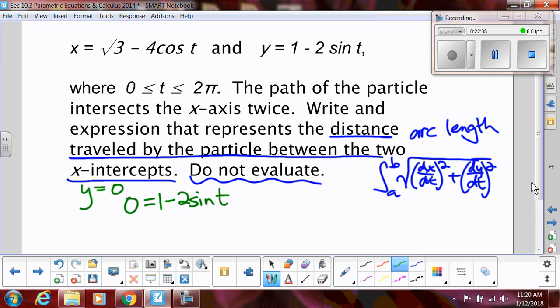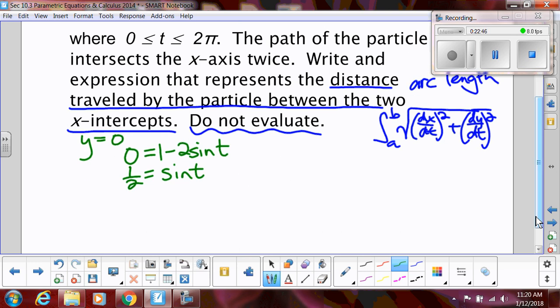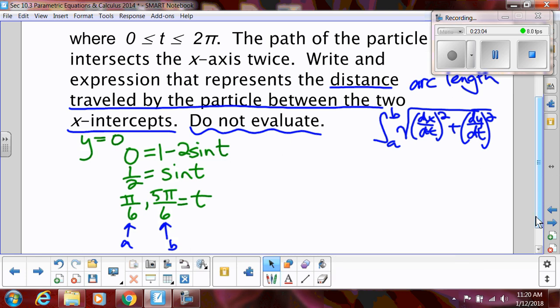All right, so if we solve that, where is sine of t equal to 1/2? Well, we kind of already did that, right? We know that t would be equal to pi over 6 and 5 pi over 6. Okay, so that gives us A and then B. Those are the two x-intercepts. All right, so we know what that part of the integral is.